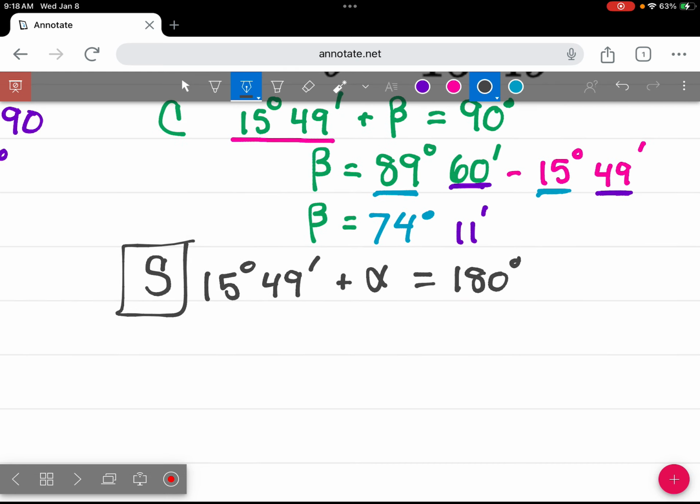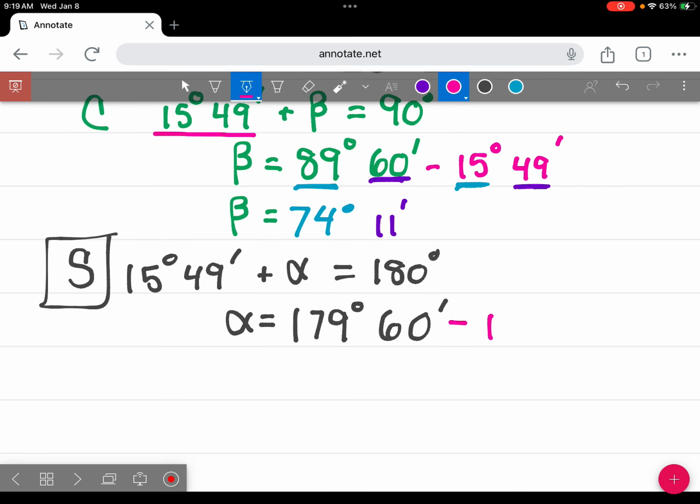Again, I can do this with subtraction. Our alpha is going to be, and I can write our 180 improperly simplified as our 179 degrees, 60 minutes, and we're going to subtract that same number, our 15 degrees, 49 minutes.